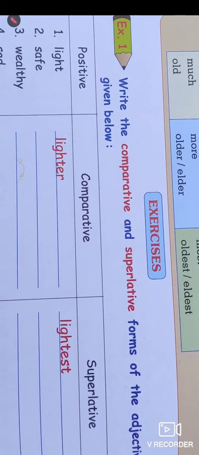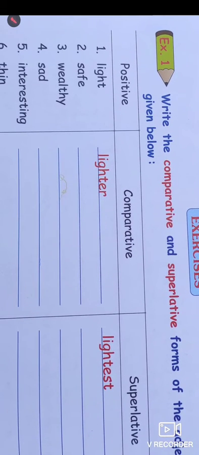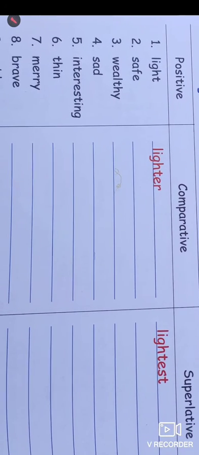So here are some words that we have to learn, and complete this exercise. This is homework: light, lighter, lightest; safe, safer, safest; wealthy, wealthier, wealthiest; sad, sadder.